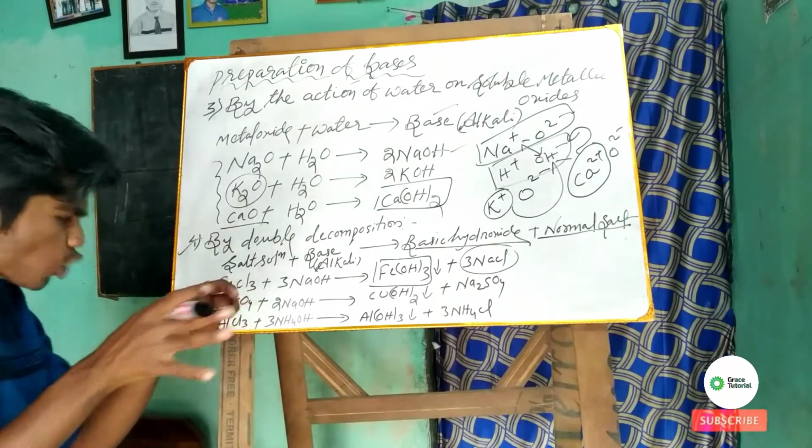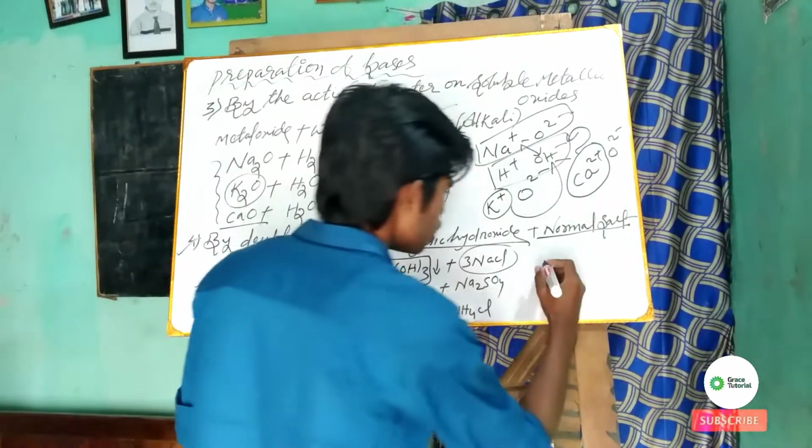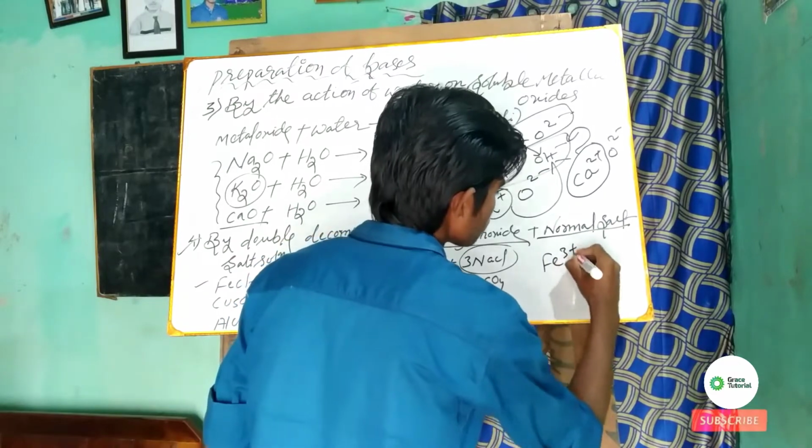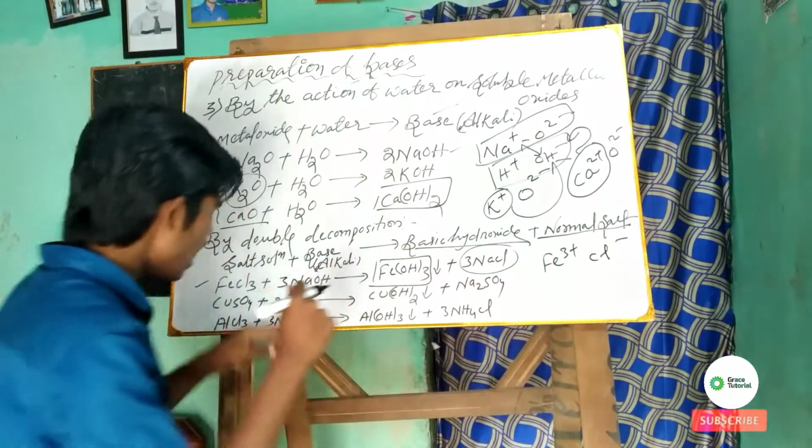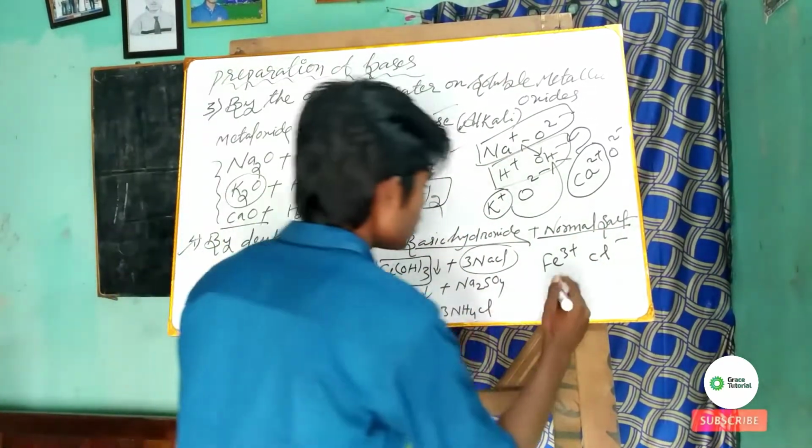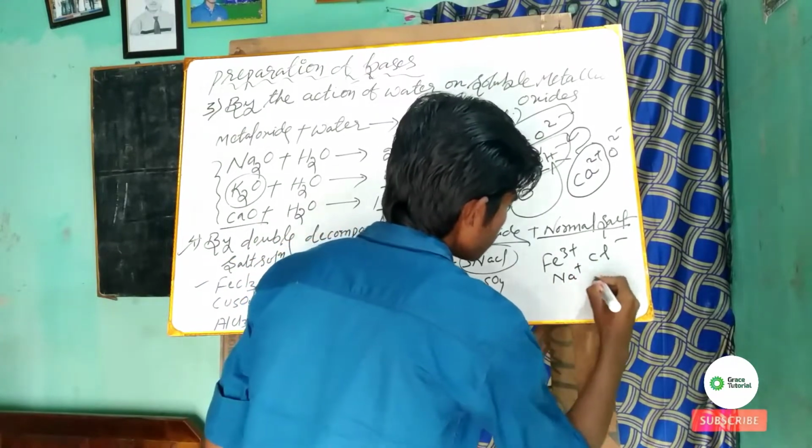If you dissociate this ferric chloride, what do you get? You will get Fe3+ and Cl−. And if you dissociate sodium hydroxide, what will you get? You will get Na+ and OH−.